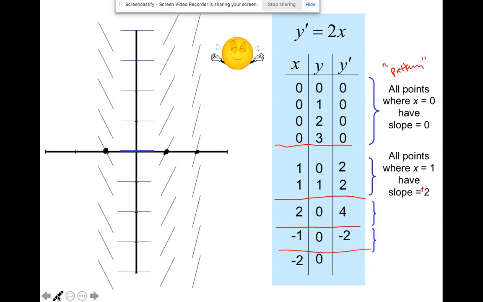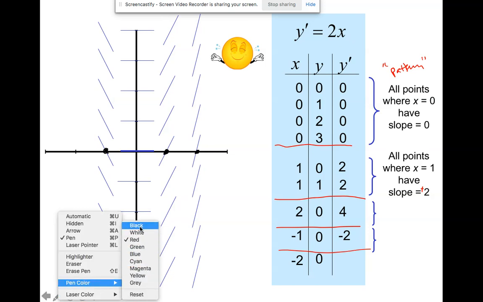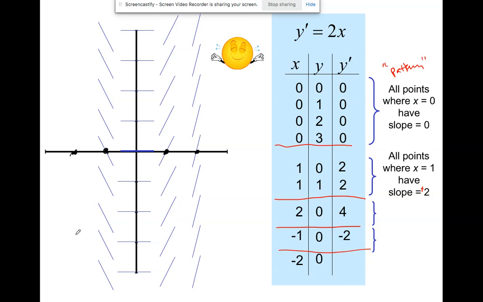How about at -2, 0? Slope of -4, copy and paste.